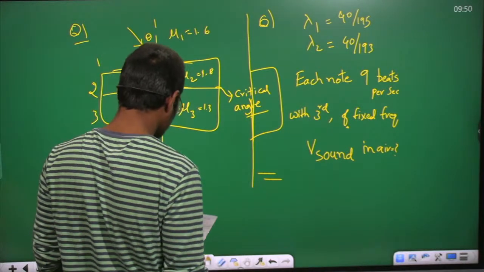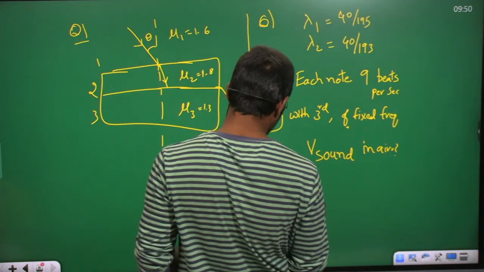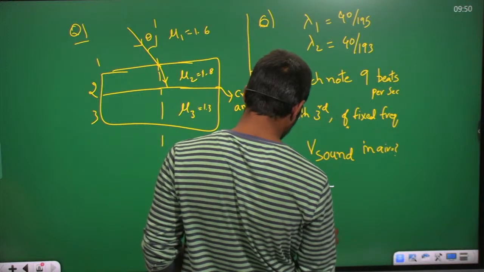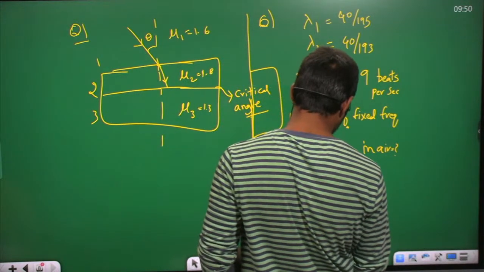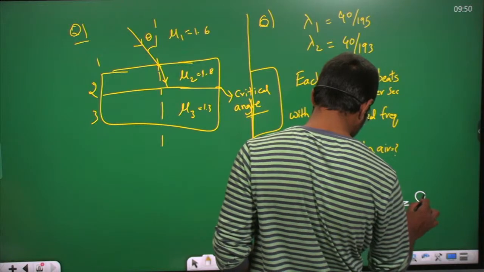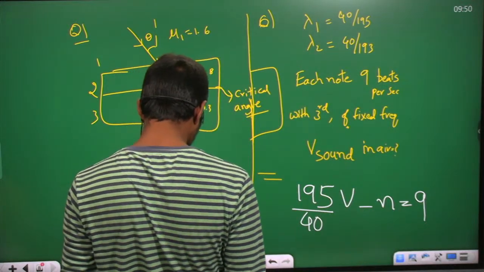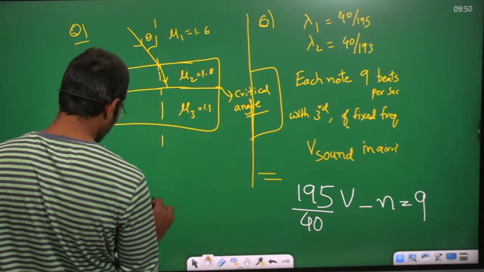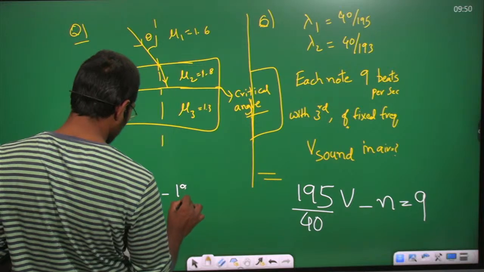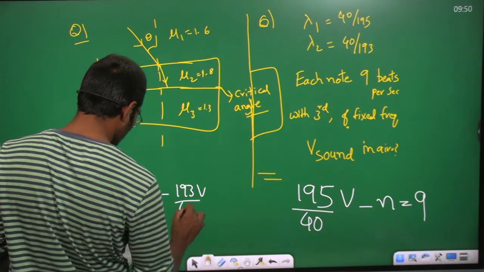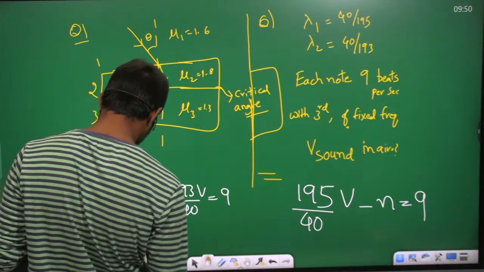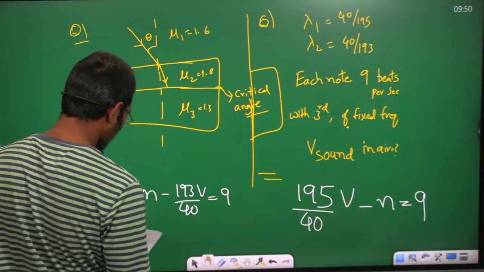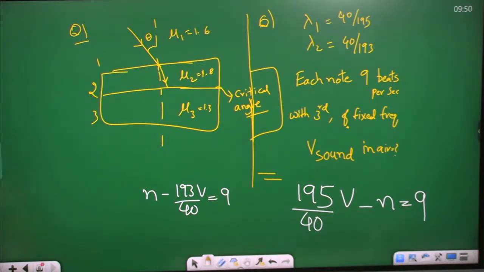So if V is the speed of sound, then from the above statement we can write 195 V by 40 minus n equals 9, the first equation. The second equation says n minus 193 V by 40 is equal to 9, where n is the frequency of the third note. Find V.